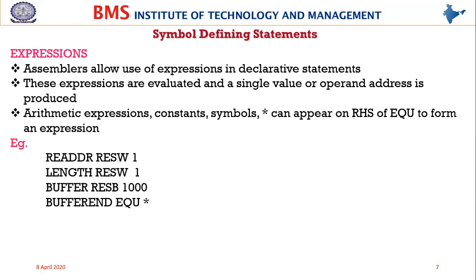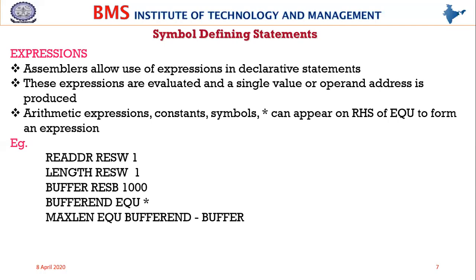Next, we have max length, which is again an equating statement, a symbol-defining statement, equal to buffer end, which contains the current location counter value, minus the address of the buffer.